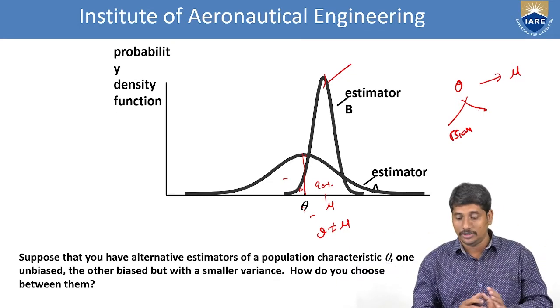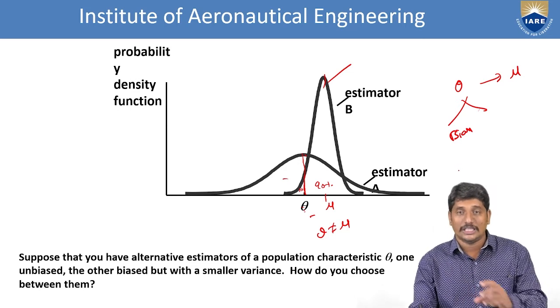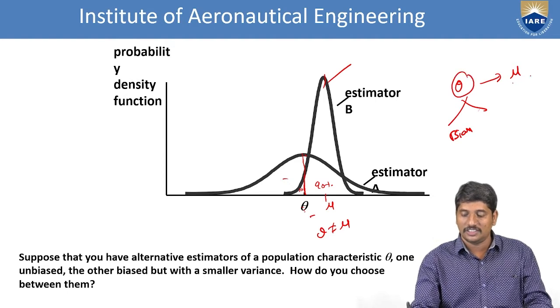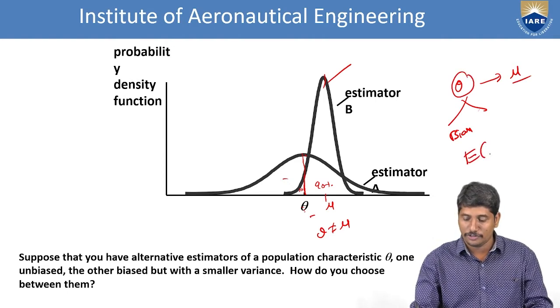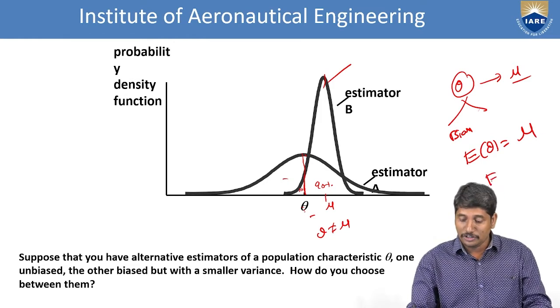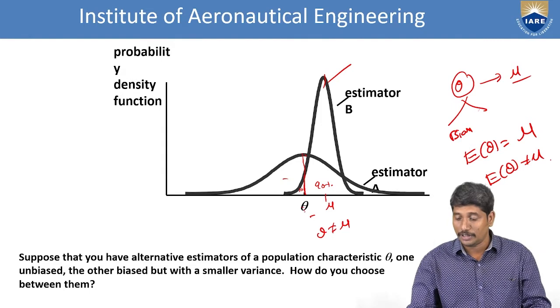That is called bias. So we have a mathematical definition: theta will be called an unbiased estimator of mu if the expectation of theta is equal to mu. If the expectation of theta is not equal to mu, then we call it a biased estimate.